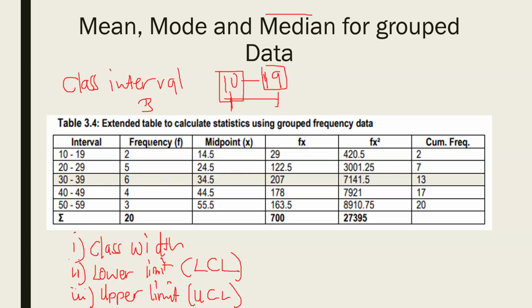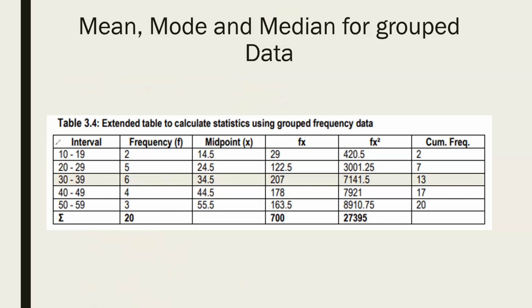When you are calculating class width, let me show this first. All the values on the left side here are lower class limits. All the values on the right side here are upper class limits.